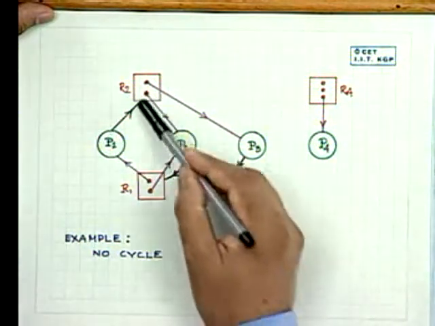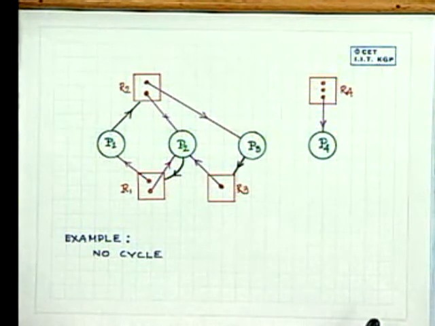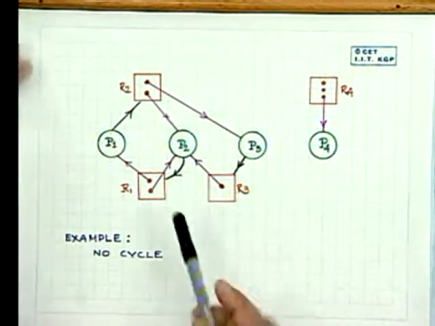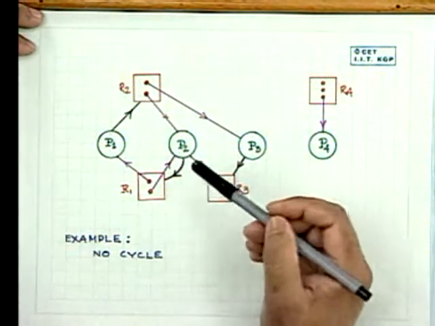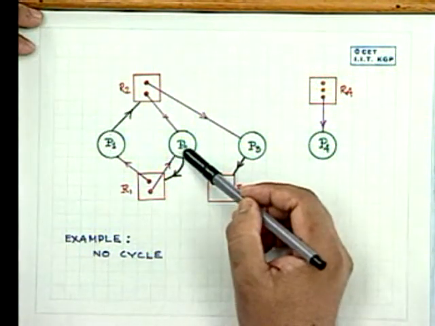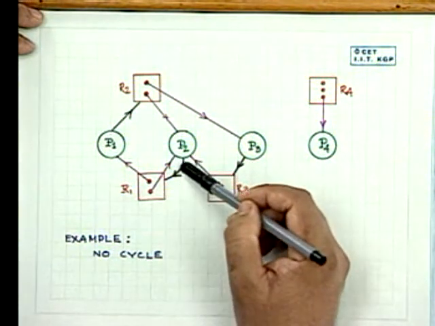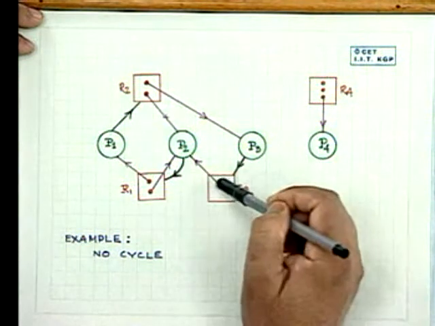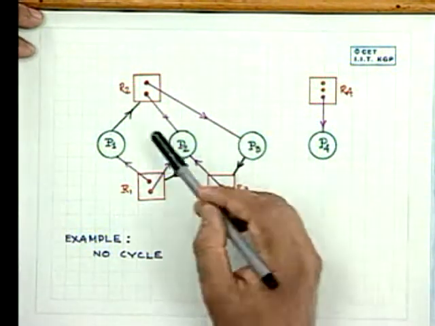You know, there are 2 minimal cycles that exist. Now, under this situation, you can see that there is a deadlock, because now P2 will be waiting for R1. It will not get it, therefore P2 cannot release any of the resources, and P1 and P3 will also not be able to proceed.